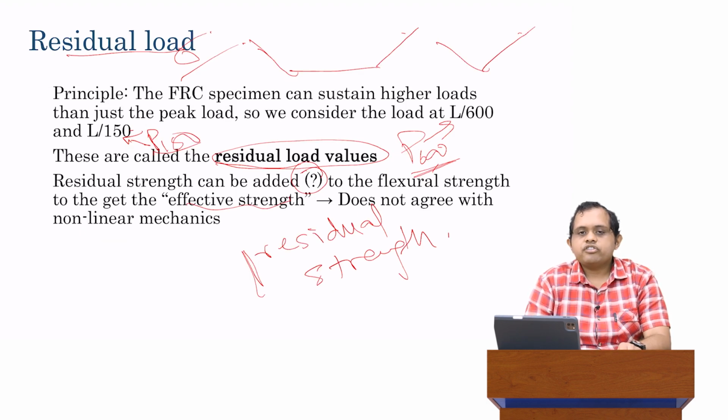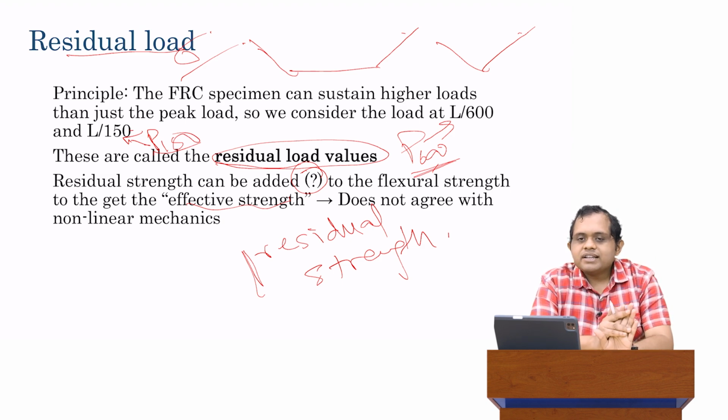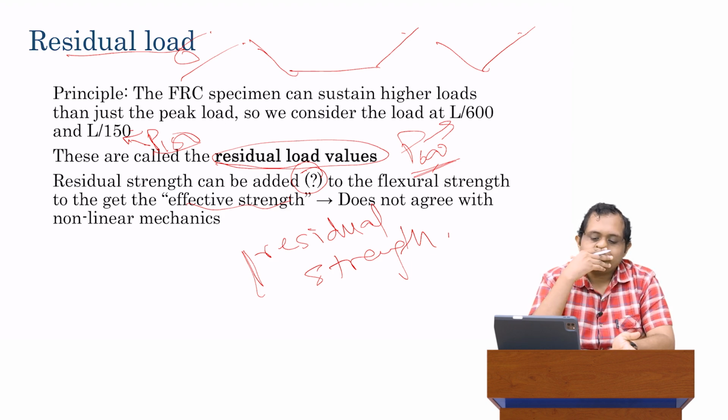So this approach of simply adding the flexural strength and the residual strength is not technically correct mathematically. It does not fully agree with what you should be doing with nonlinear mechanics. Nonetheless, as I've pointed out in earlier lectures, nonlinear mechanics is hard. So at least this is a relatively easy way to approach this problem, and that's why C1609 recommends this.